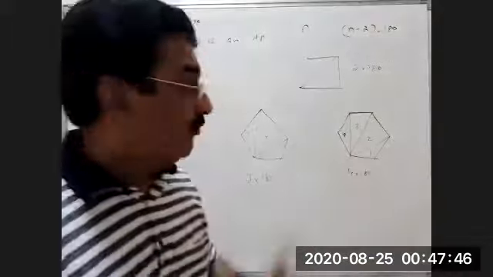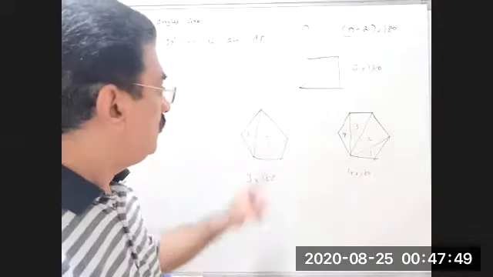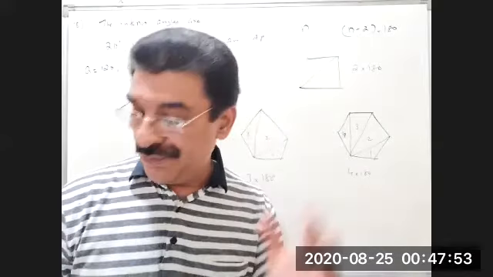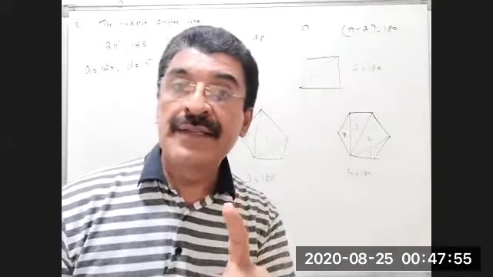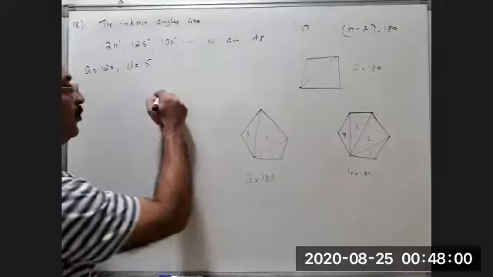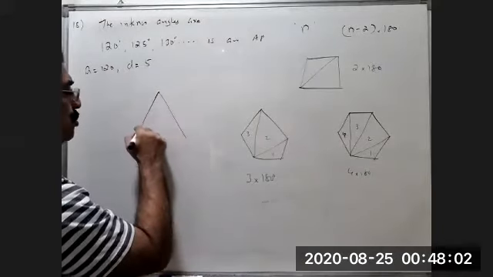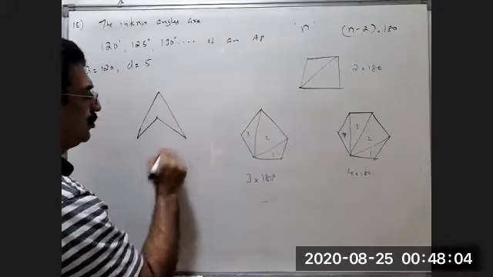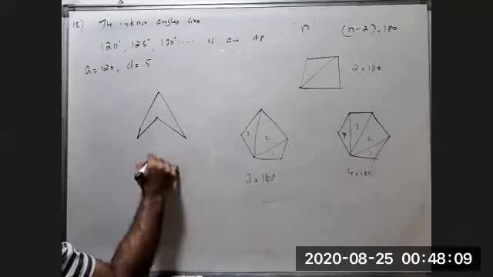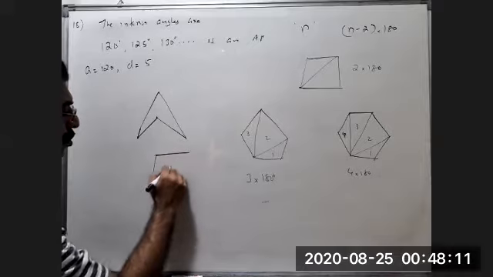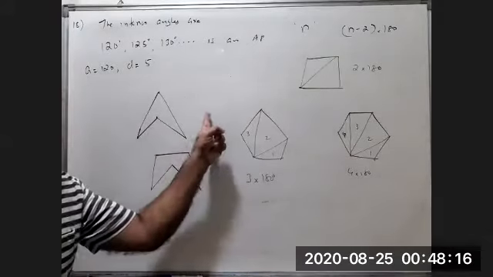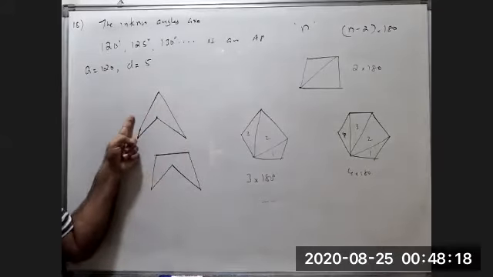Again, we said about polygons. You know the definition of a polygon. A polygon with 4 sides is a quadrilateral. A polygon with 1, 2, 3, 4, 5 sides. Is it a quadrilateral?